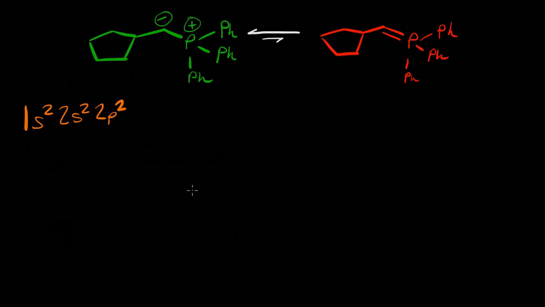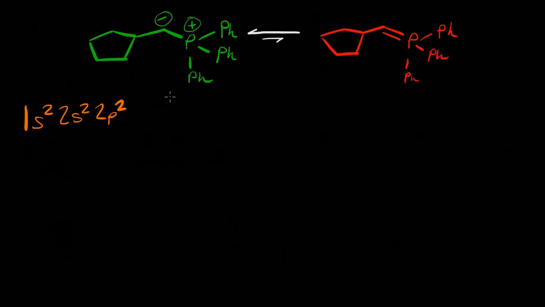Great. So in this case, we do have that extra pair of electrons, and so we have to account for that in a way that isn't really followed by carbon in its stable state.